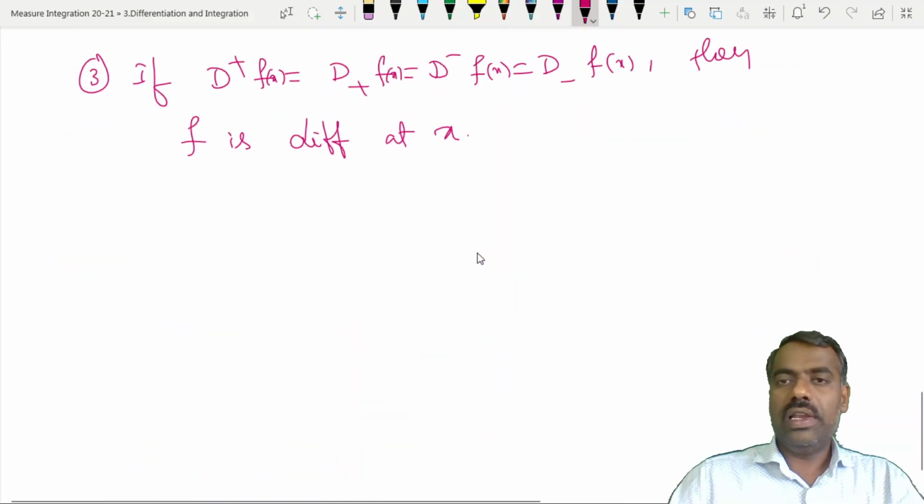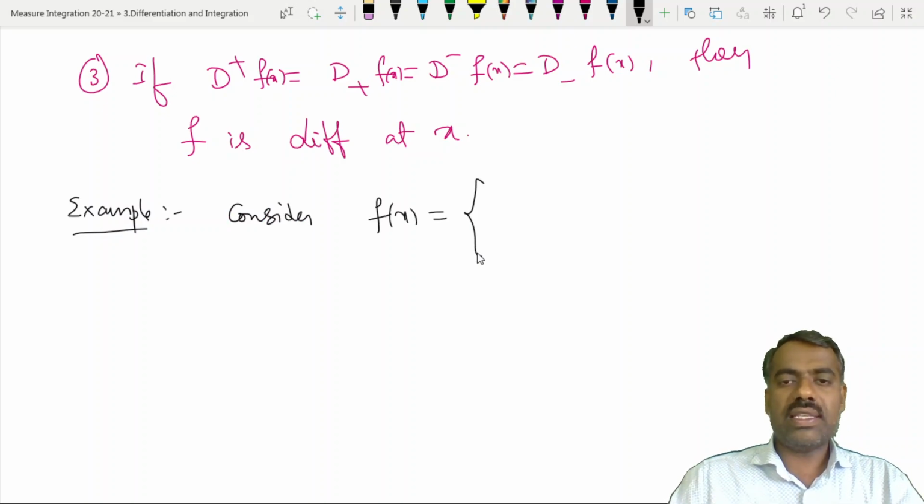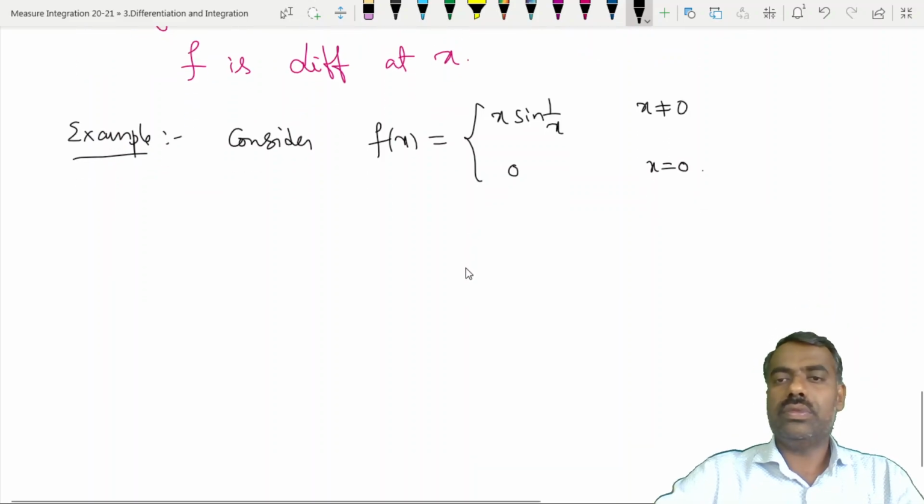We'll see one example of how we can calculate this. So let's talk about an example. Consider the function f of x equal to x times sine 1 by x when x is not equal to 0, and 0 if x is equal to 0. We have seen that.